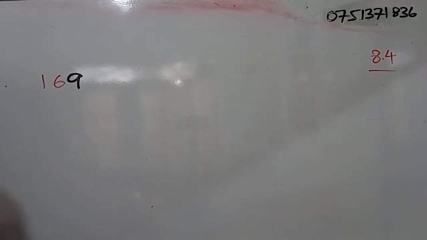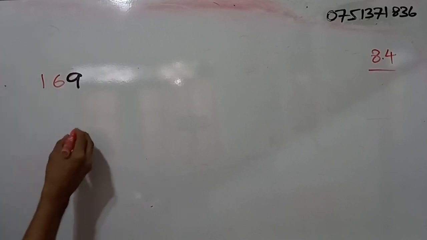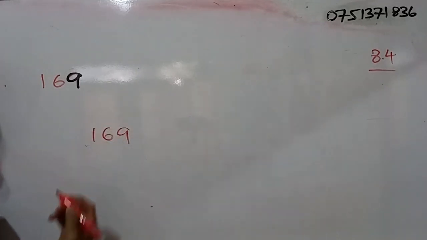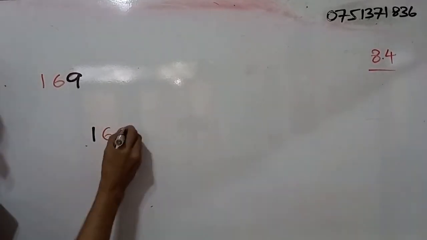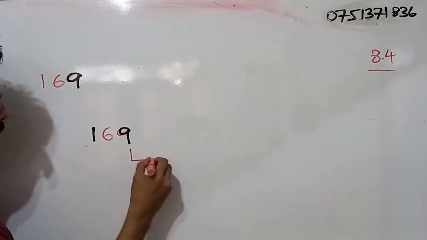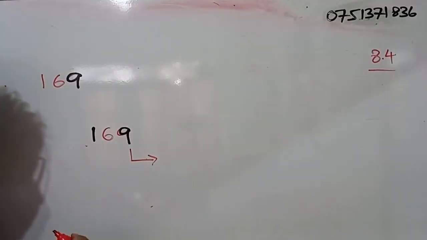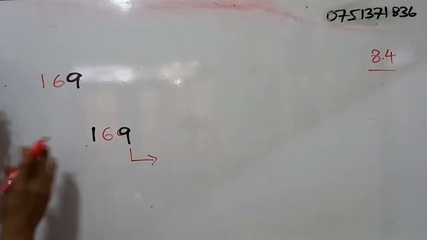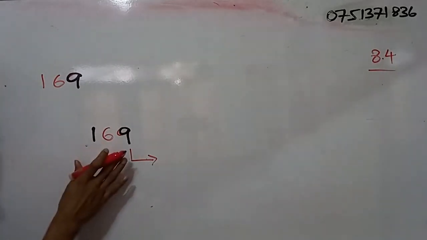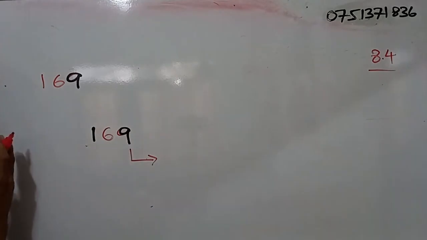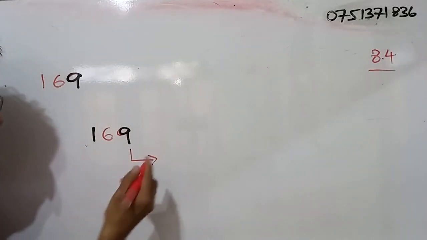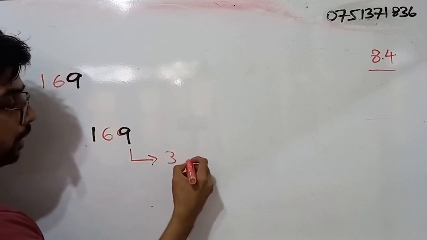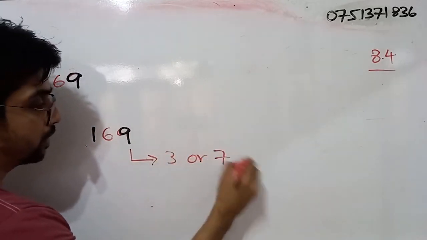So when we find the square root of a given number, we need to look at these two numbers. The digit is 9, no? That means if we think about the square root of this number and the ones place of the square root, the digit can be 3 or what? 7.